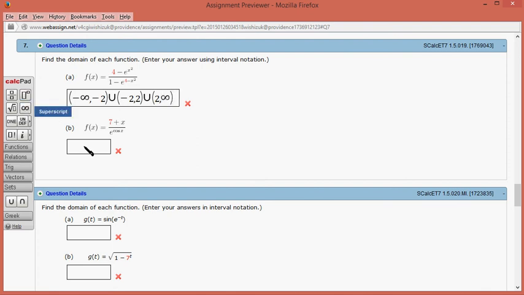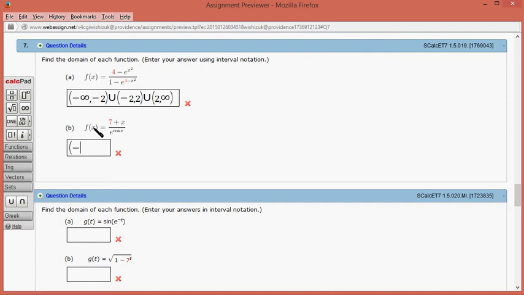And part B is negative infinity to positive infinity.